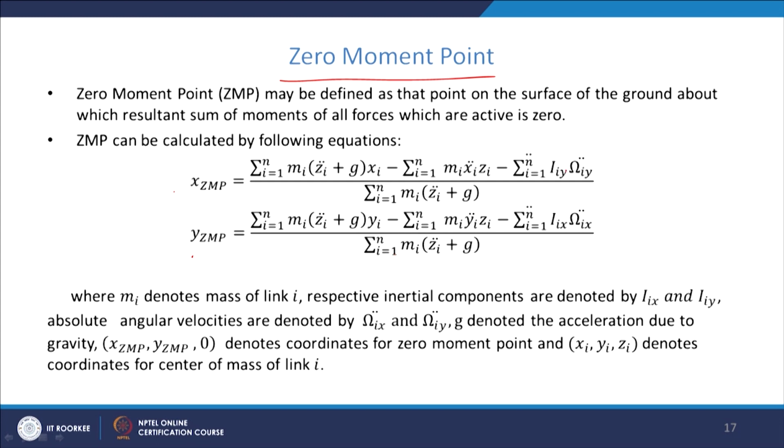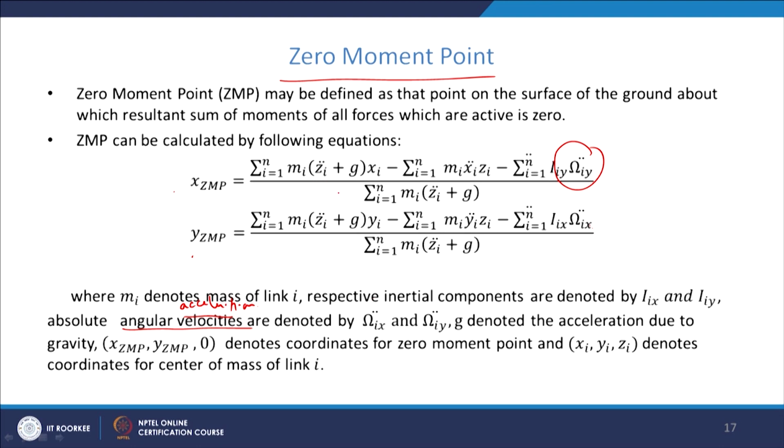Here, omega y double dot is the angular acceleration about the y axis, and omega x double dot is the angular acceleration about the x axis. x_i double dot is the acceleration in the x direction, similarly in all other directions.